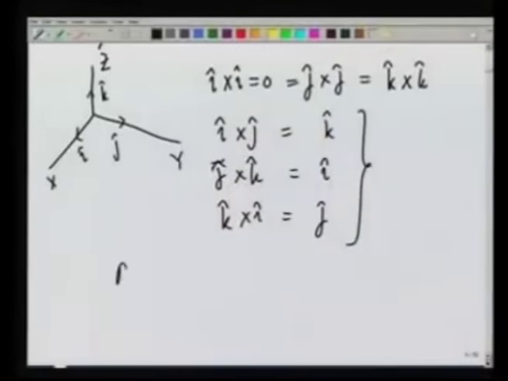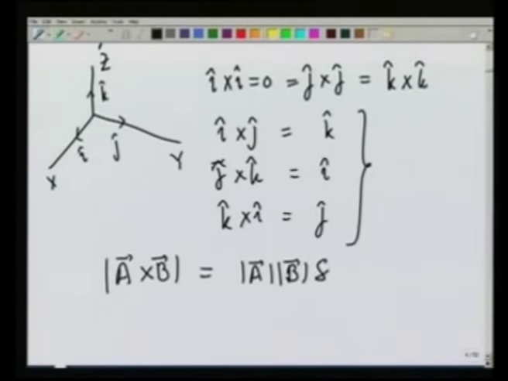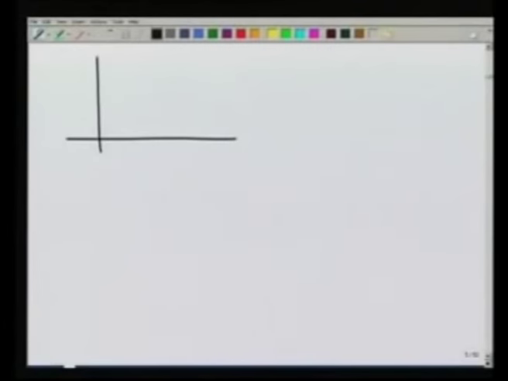First, I want to show you through an example that A cross B is really equal to A B sin theta times n, where n, as I told you, is in the sense of rotating A towards B through the smaller of the angles. So, for simplicity, let us take this as x axis, this as y axis. Consider B to be a unit vector in x direction.